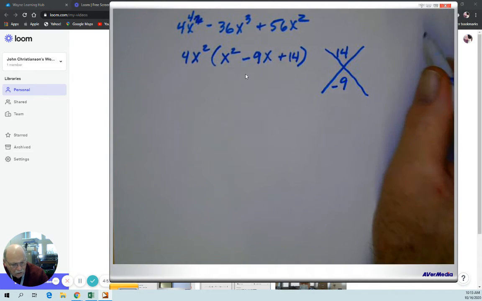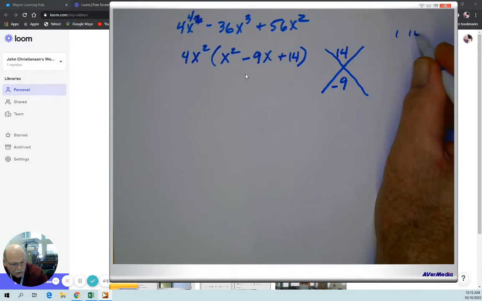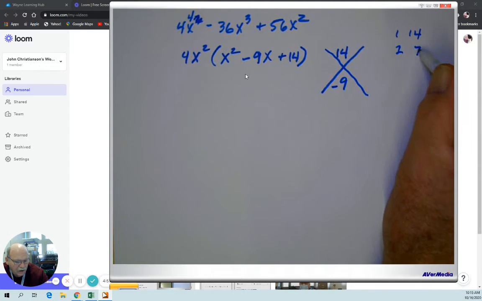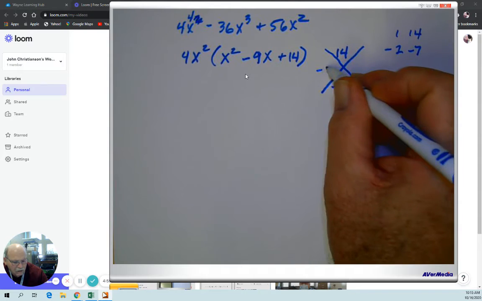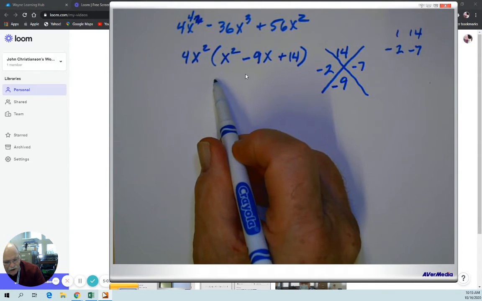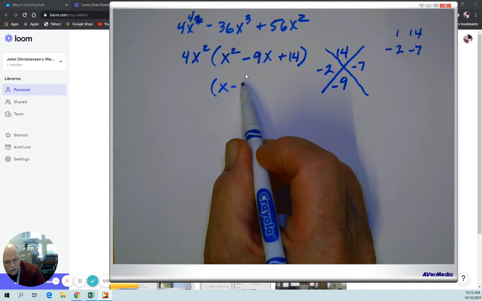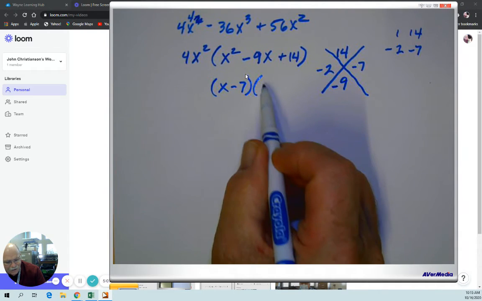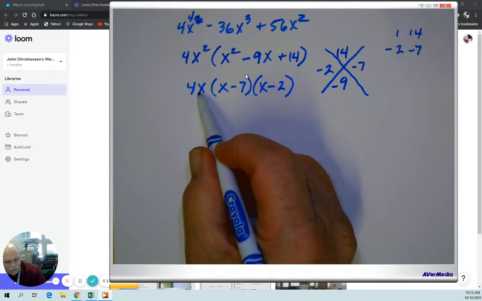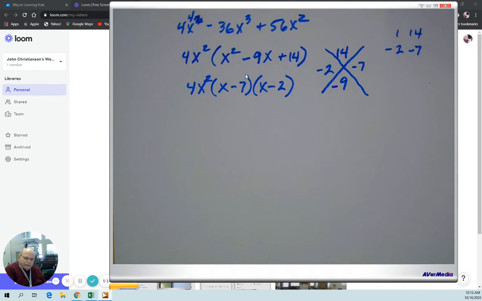So 1 and 14, that doesn't add up to negative 9. 2 and 7, if we put negative on each one, then we get negative 9. So now we have factored that: x minus 7, x minus 2, and 4x squared out here. That's it.